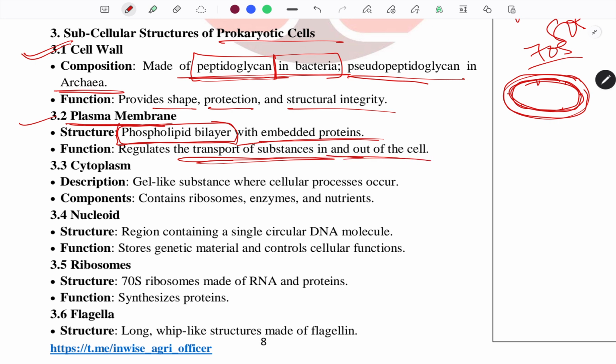If some particular substance needs to be transported out of the cell or come into the cell, this is the membrane, which we can call a live membrane, because it can differentiate between things. It can judge whether a particular thing should come inside or go outside, based on the transporters present on it. But in the cell wall, there are no transporters, nothing is there. The cell wall just gives protection.